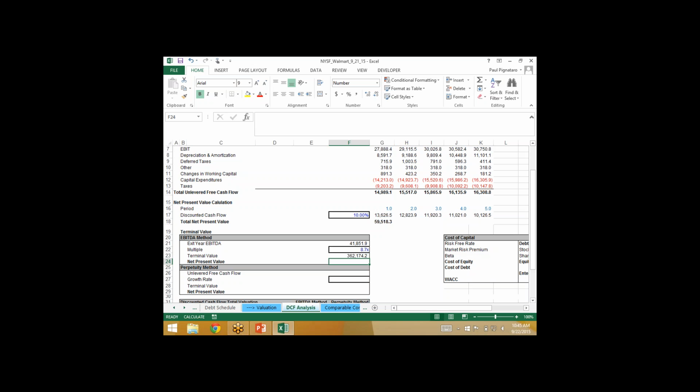How did we explain that? Nobody remembers? Yes? Would that be because it incorporates the balance sheet items? And yet the perpetuity method, you would use mid-year. Any thoughts on why?